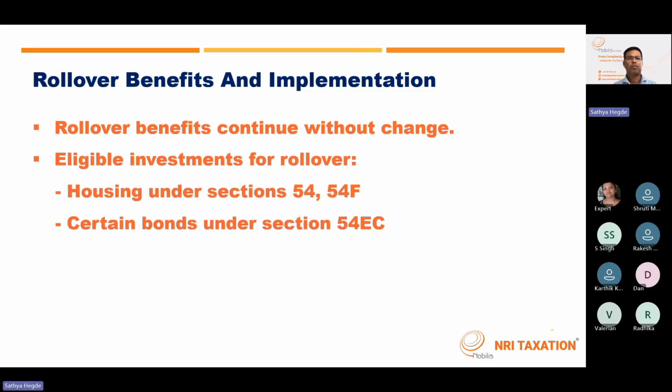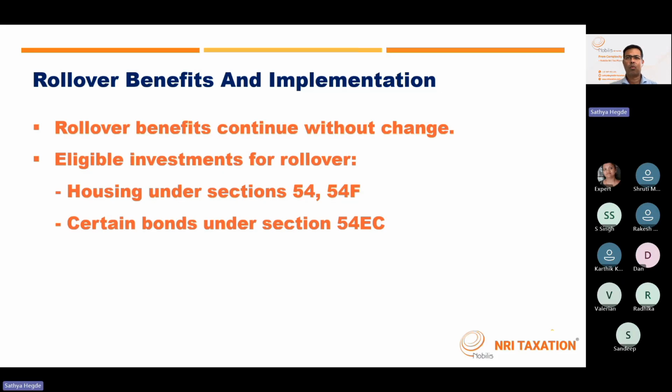Now, the important point here is that instead of buying one house, you can buy two houses and still claim capital gains exemptions. And there are some changes for the repatriation of sale proceeds as well, where you can repatriate the proceeds of a maximum of two house property sales from India to Australia.